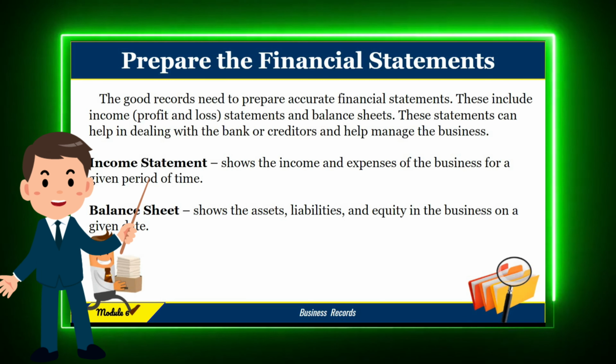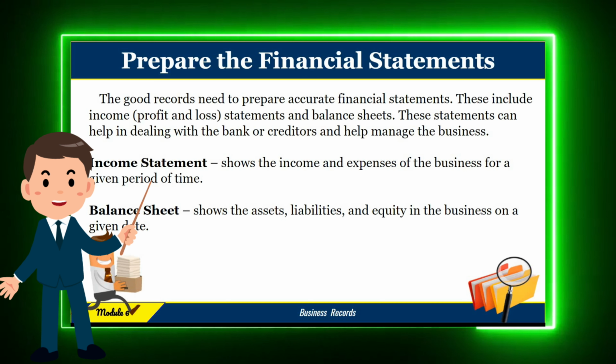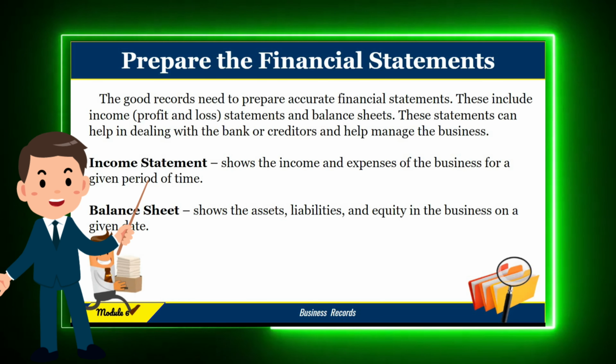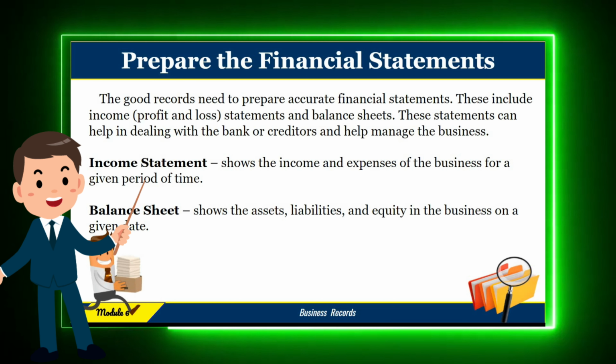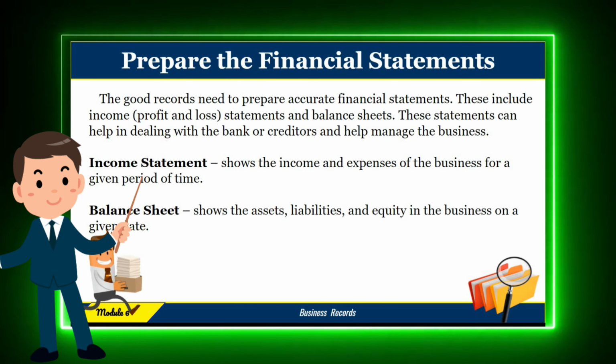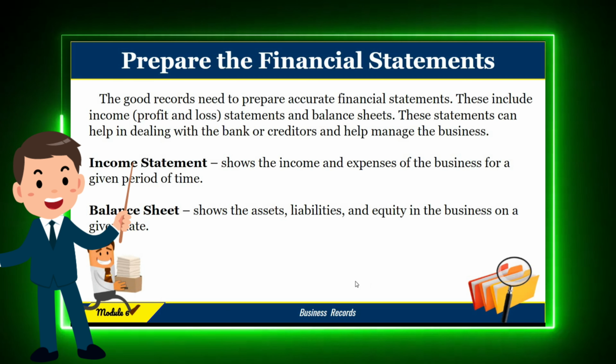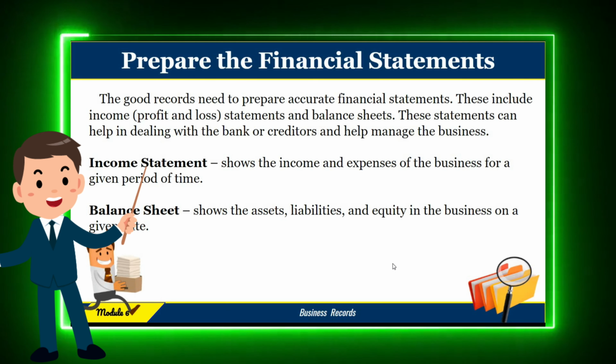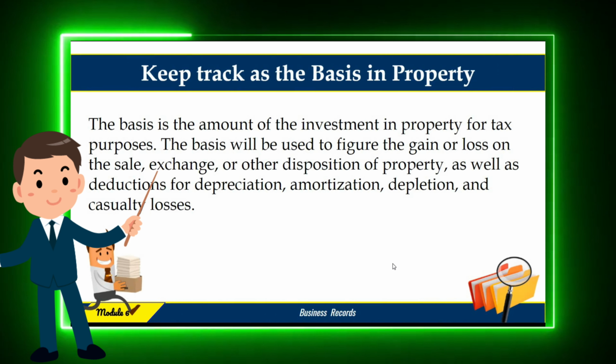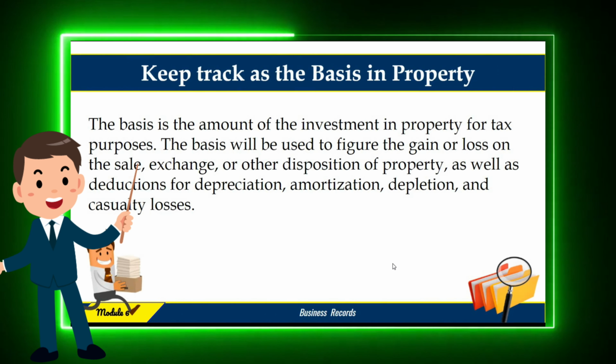Okay, so the income statement shows the income and expenses of the business for a given period of time. Then we also have the balance sheet, which shows the assets, liabilities, and equity of the business on a given date. Next, you need to keep track of the basis in a property.